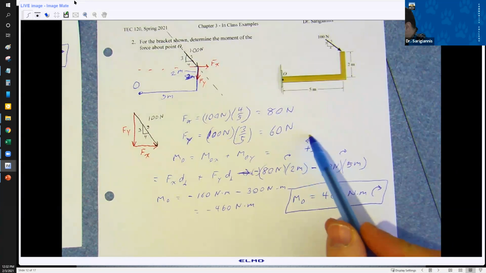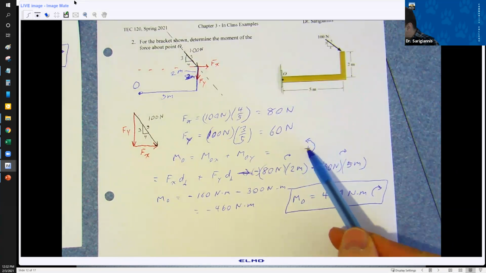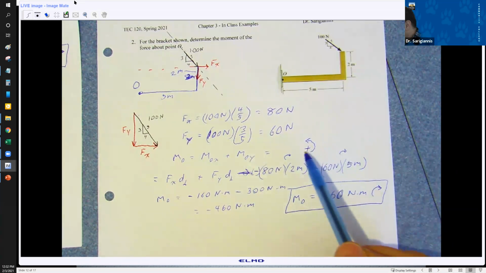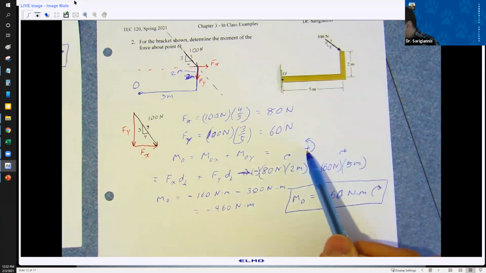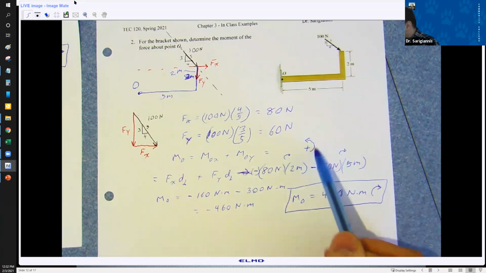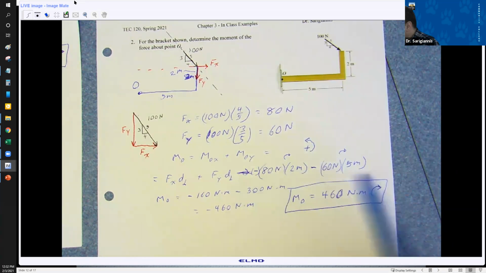The sign convention we use in this class is counterclockwise rotation is positive. That probably came from the right-hand rule in physics, so coming out of the page is a positive moment, counterclockwise. When we do moment calculations, if they're clockwise, they're negative; if they're counterclockwise, they're positive.